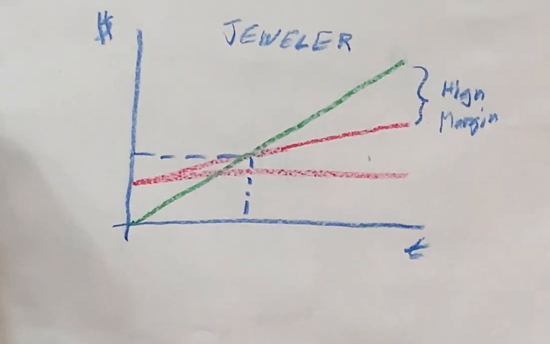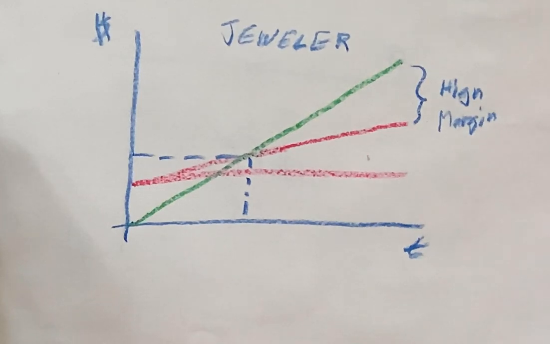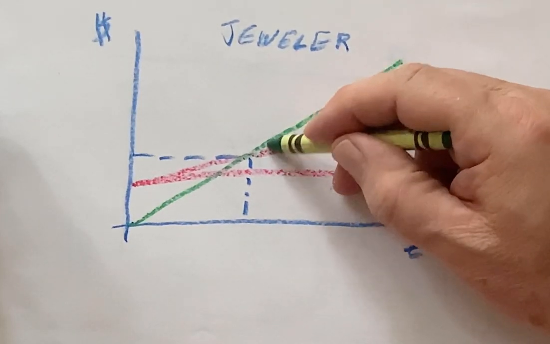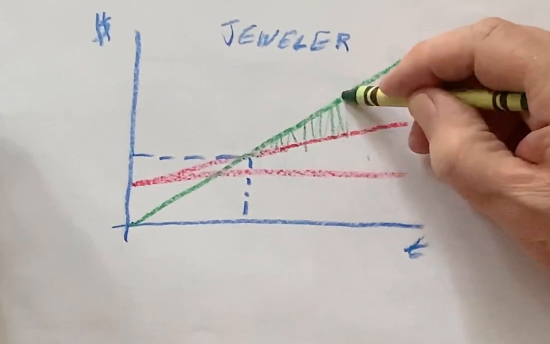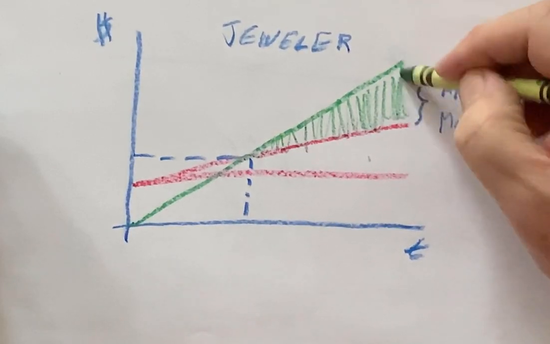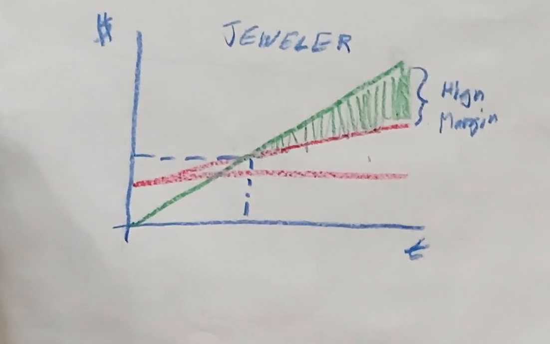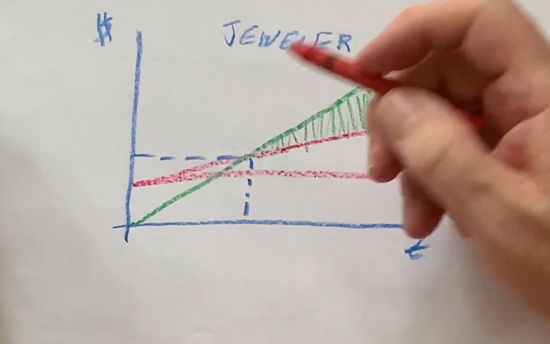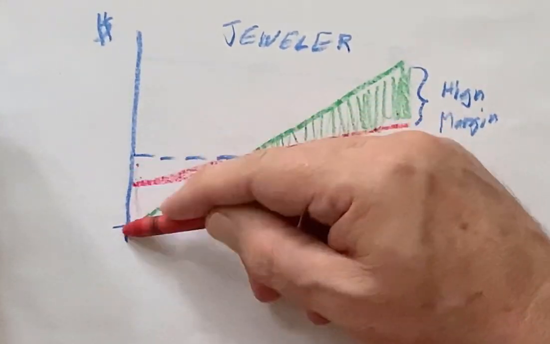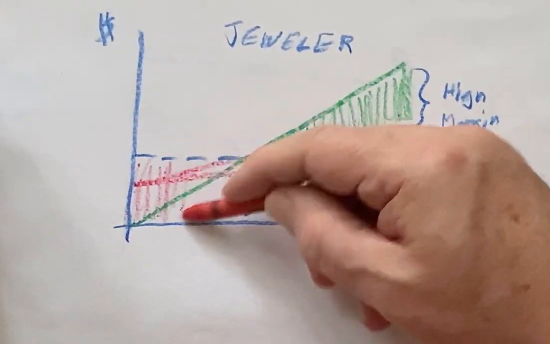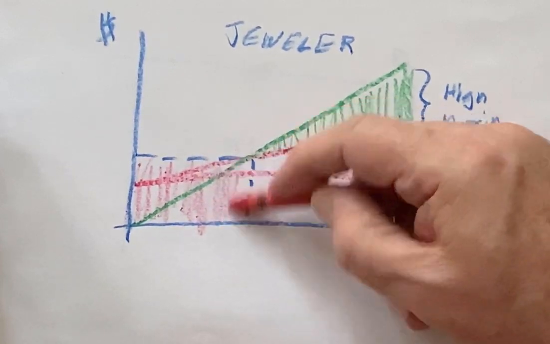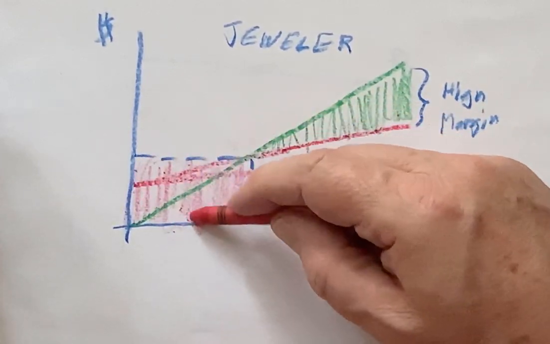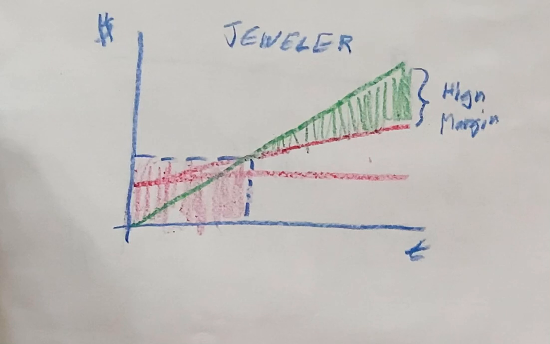They see the jeweler model and they say, well, that's great. You're going to make money everywhere out here. Okay, but you're going to lose money everywhere back here. I love my use of crayons.